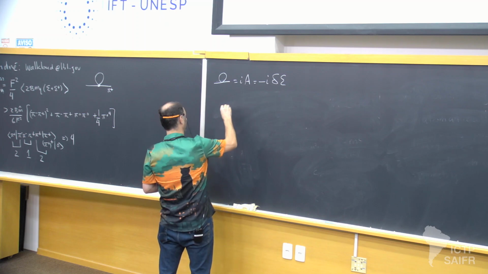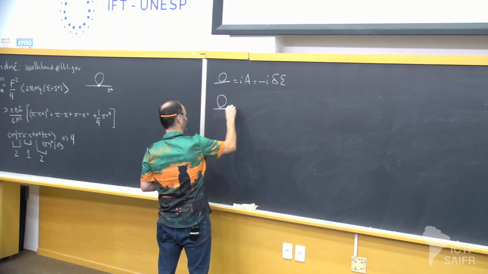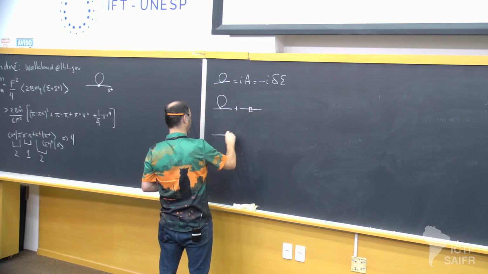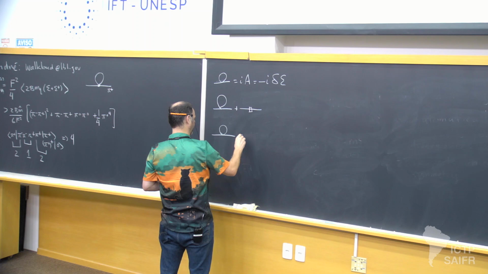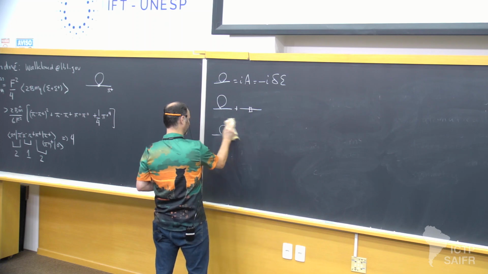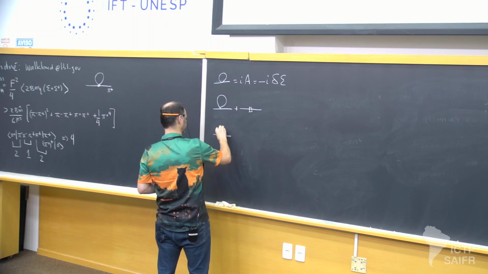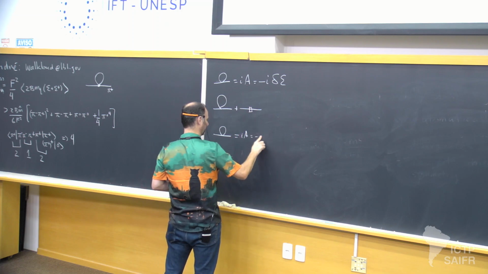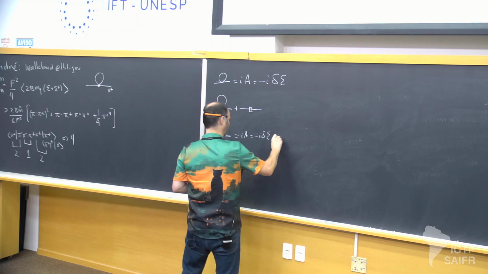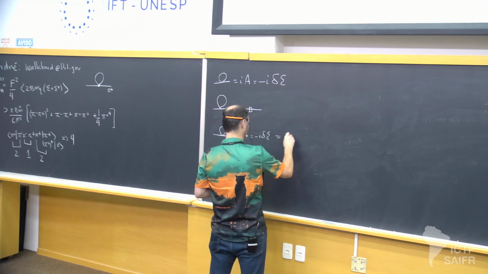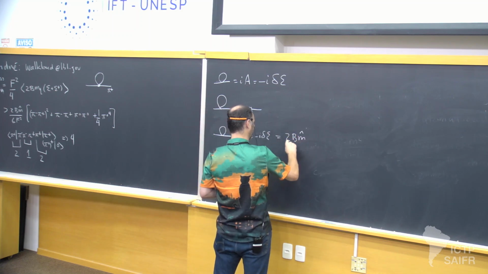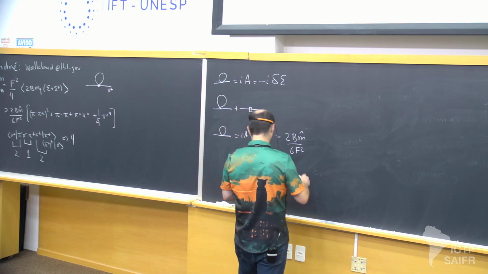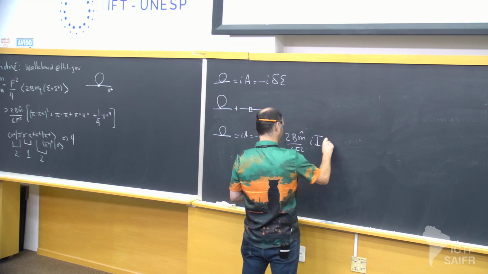So we have this loop, and I'm saying I have to add a counterterm. Here we get this amplitude, which is minus the self-energy. What we found from the loop integral is this 2B m hat over 6f squared times the integral we just evaluated.